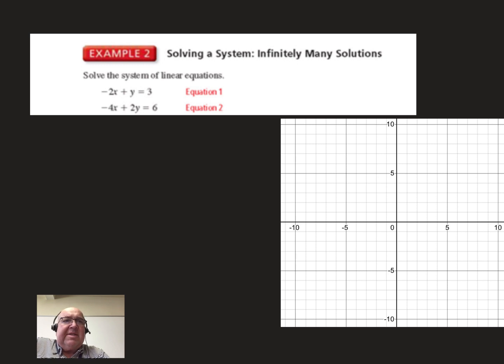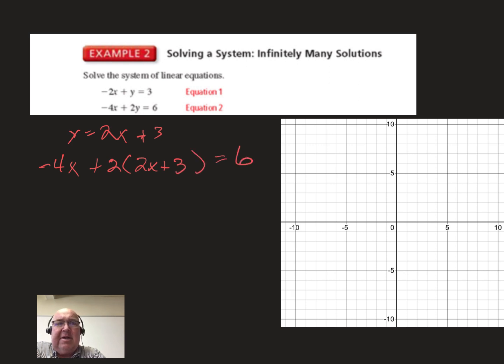Number one, we could solve this easily using substitution. So I solved the equation number 1 for y. I'm going to go 4x plus 2y, or plus 2 times 2x plus 3, and it's going to equal 6.